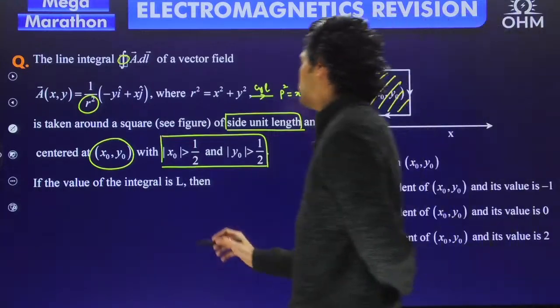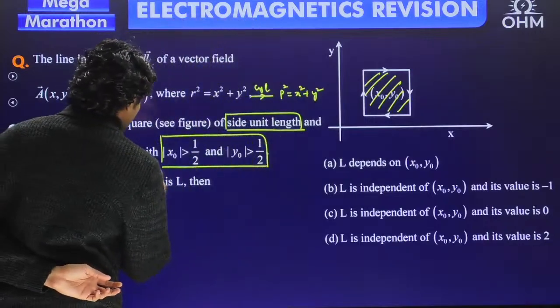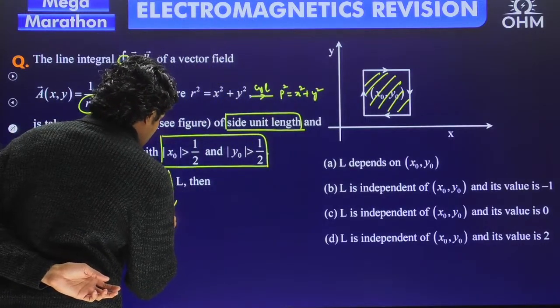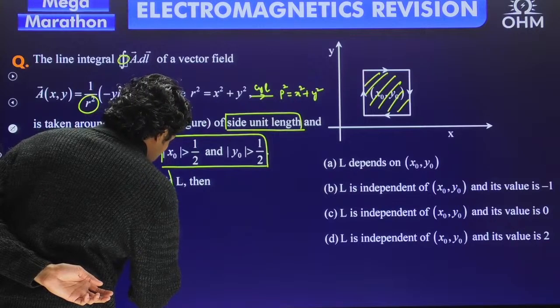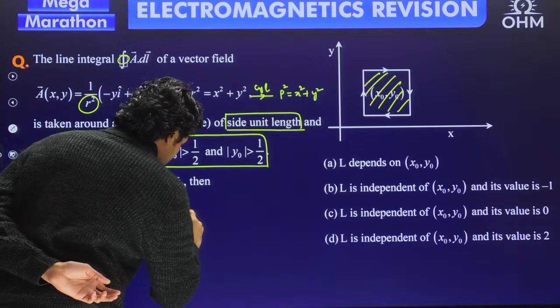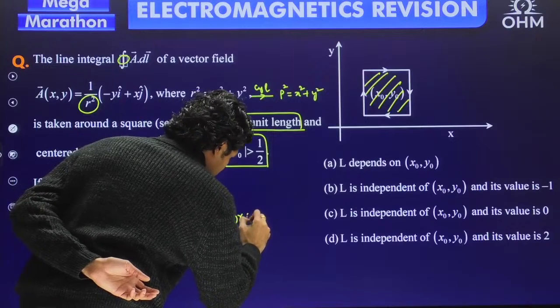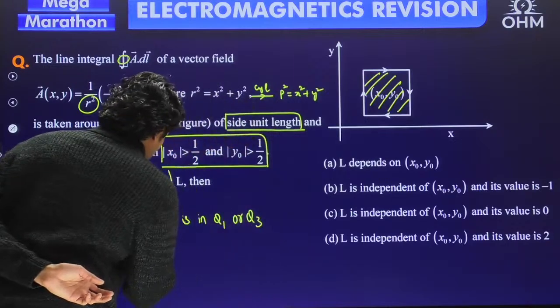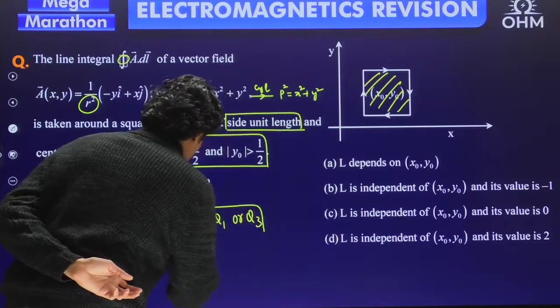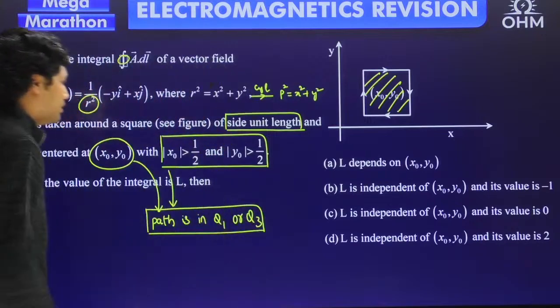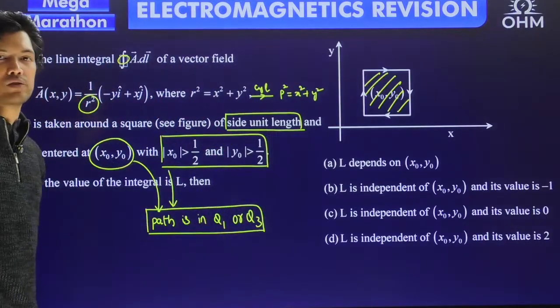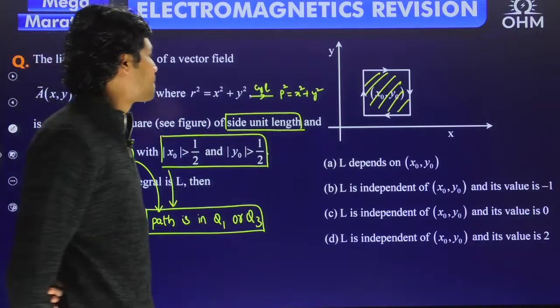The closed path you have is in either Q1 or Q3. Doesn't matter where. So the purpose of this data is nothing but just to distract you, nothing else.